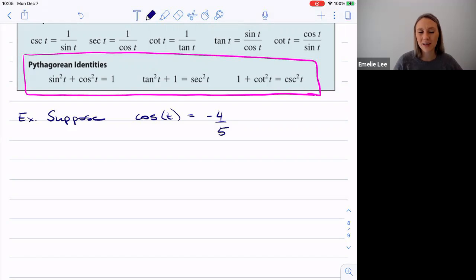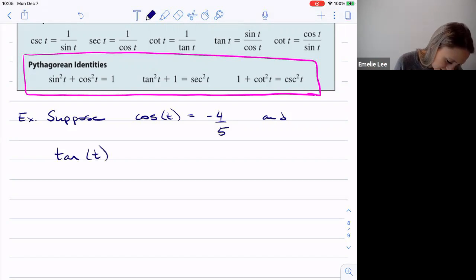Already we notice that that's not one of our terminal points that we're used to seeing, right? But that's okay, we can handle it, and I'll show you how. So the cosine is -4/5, that's okay. And the tangent of t is less than 0.